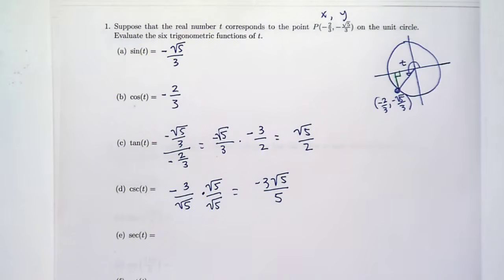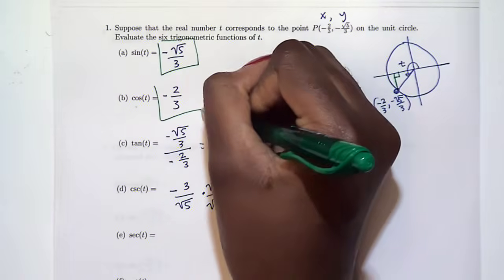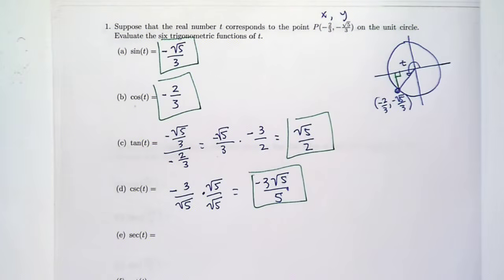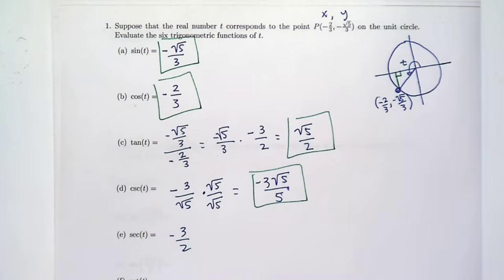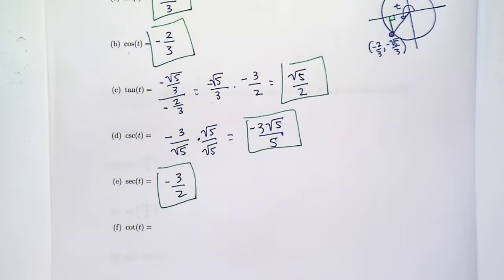Okay, let me box these. Then we can do secant. That is just the reciprocal of cosine, so negative 3 over 2. And then cotangent is the reciprocal of tangent.